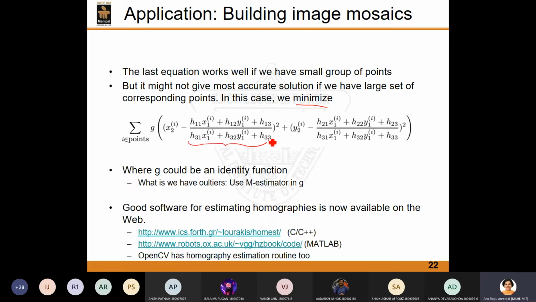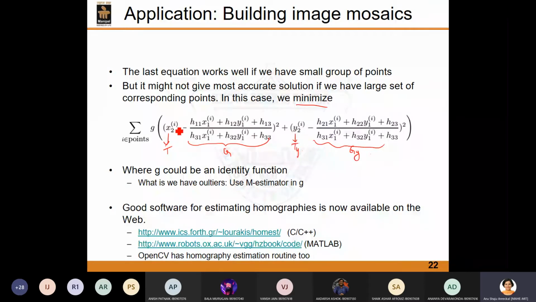Let's say this is a transformed point over here, the x coordinate of the transformed point, and this is the x coordinate of the target, right? And here, this one I'll write as g. This is the corresponding transformed point of g in the y coordinate, and this corresponds to the y coordinate in the target.